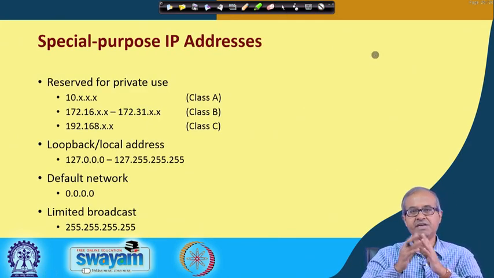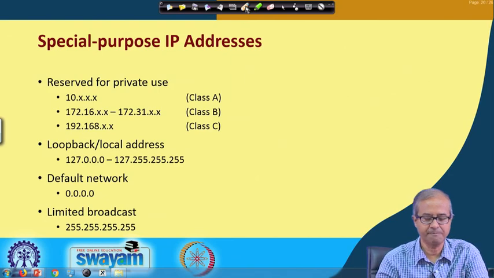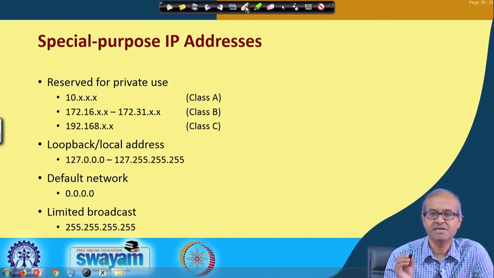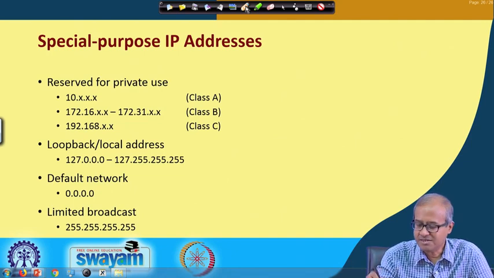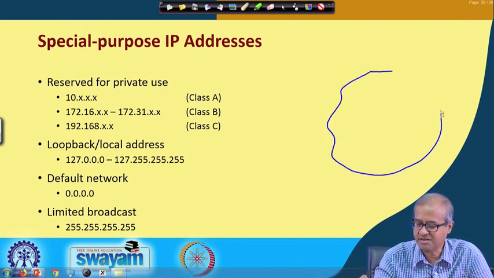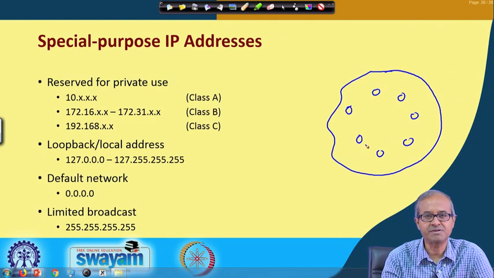Now, I mentioned that there are some special purpose IP addresses also, which are reserved for special purposes. First, there are something called private IP addresses. Suppose I have an organization, and I want to use some computers inside my organization to communicate among themselves.